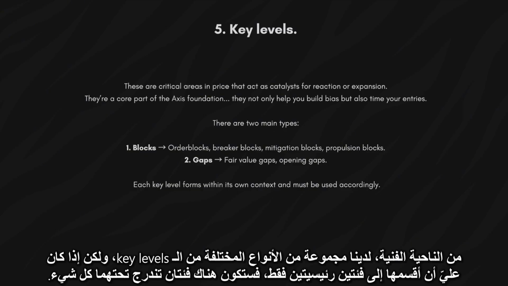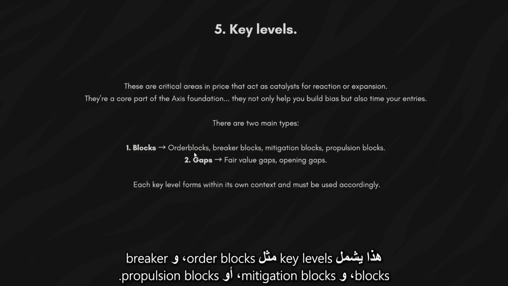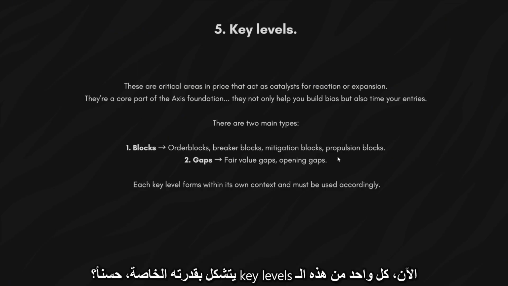Technically, we've got a bunch of different kinds of key levels, but if I had to break them down into just two broad categories, then there would be two types that everything falls under. The first one is blocks, and that includes key levels like order blocks, breaker blocks, mitigation blocks, or propulsion blocks.